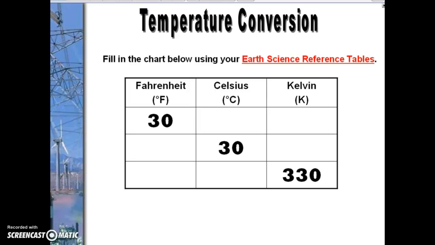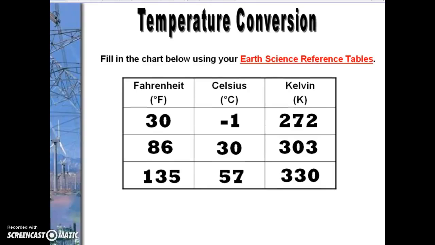All right, so pause the video at this point and give it a shot. Okay, so here are the correct conversions. Take a look. At this point, if you're within 1 degree, you're fine. If you're off by more than 1 degree, we want to practice that to get your measurements a little bit more accurate. All right, so that's temperature.